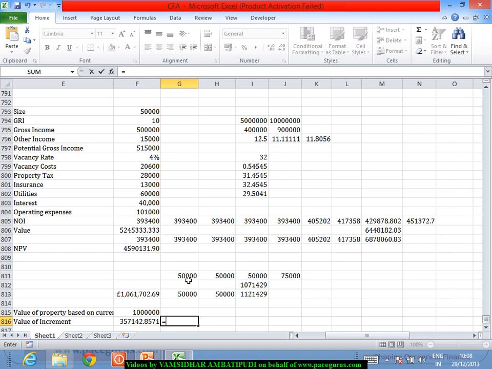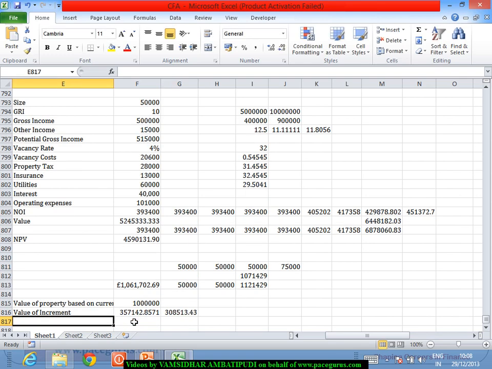So I can find out the present value of the increment, which means you discount this by 3 more years, the present value of the increment at the rate of 5% for 3 years. So this is going to be the present value of the increment.